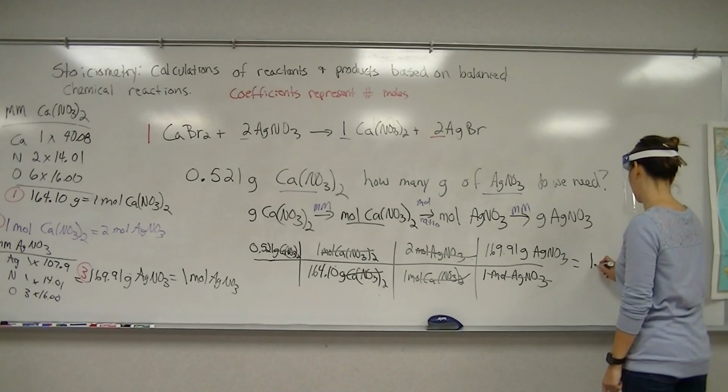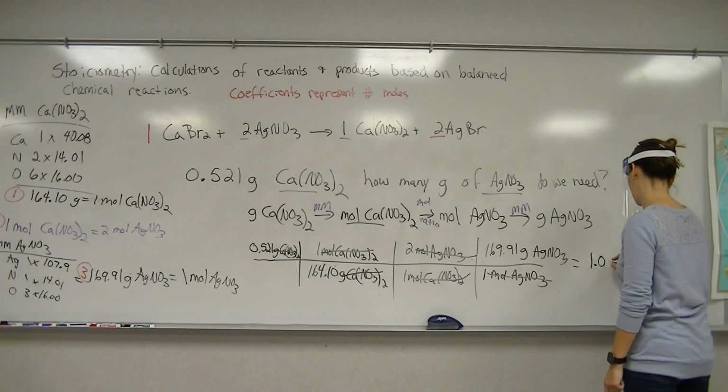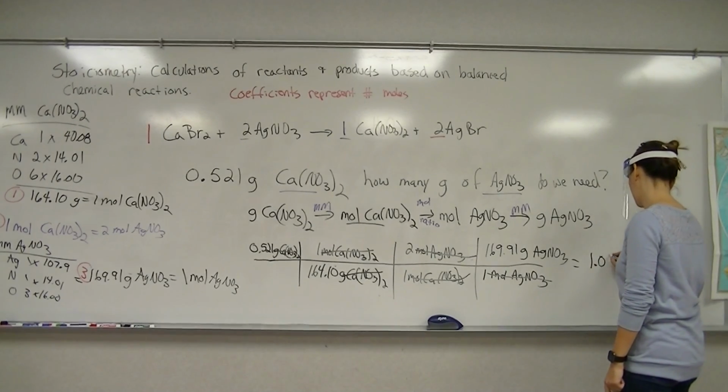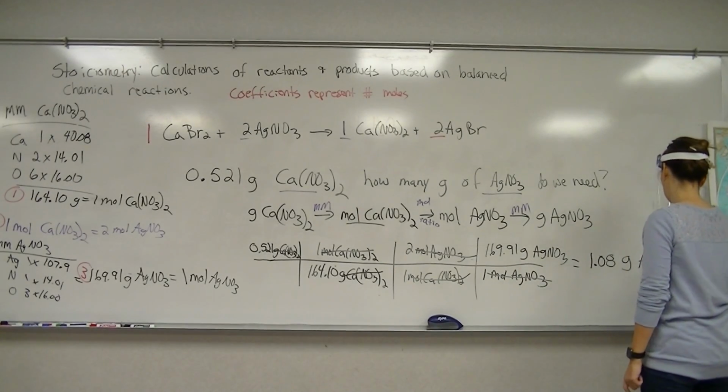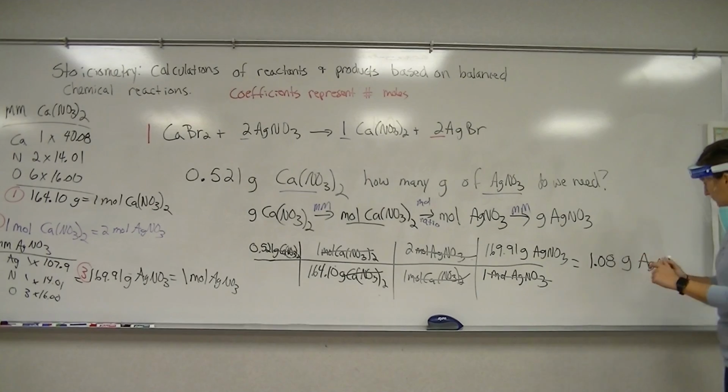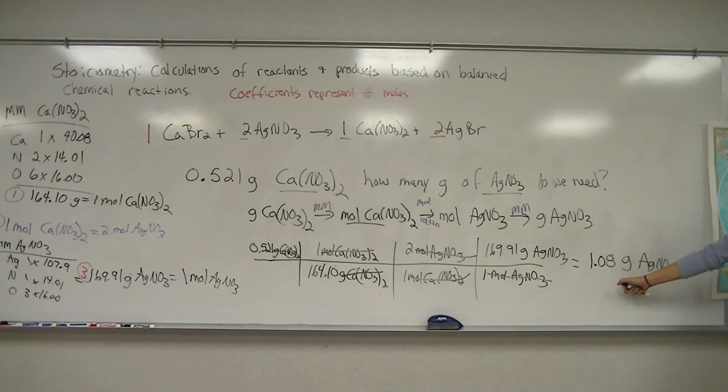Yep. 1.08 grams. So if we wanted to make 0.521 grams of calcium nitrate, we would need to start with 1.08 grams of silver nitrate.